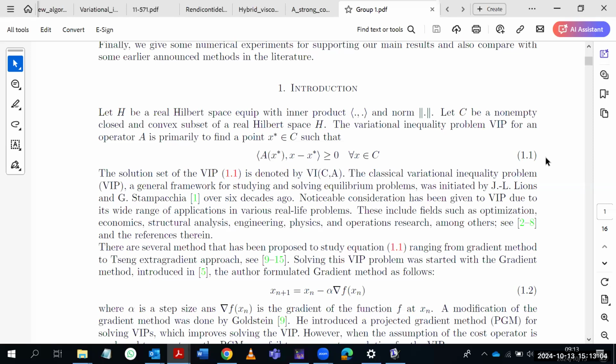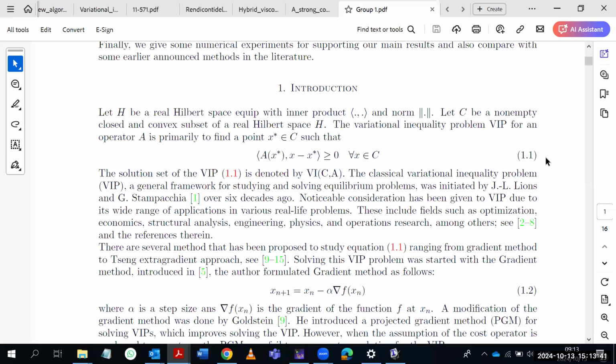From our introduction, we say let H be a real Hilbert space with inner product and the norm. Let C be a non-empty closed and convex subset of the real Hilbert space H. The variational inequality problem for an operator A is to find a point x star in C such that... So that is the definition of the variational inequality problem.